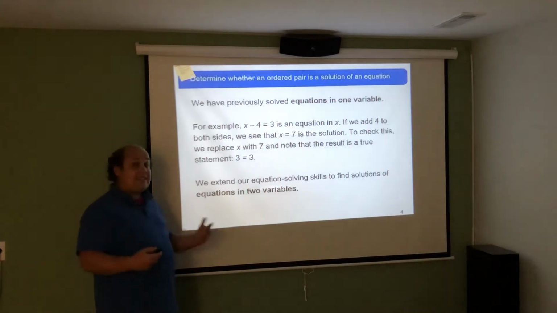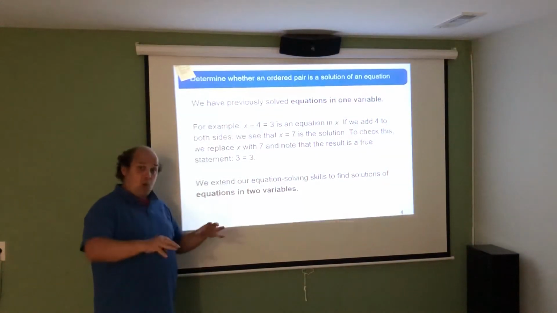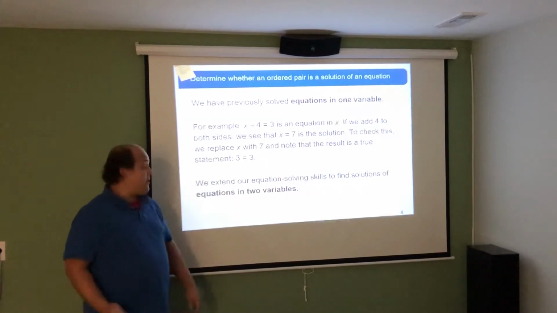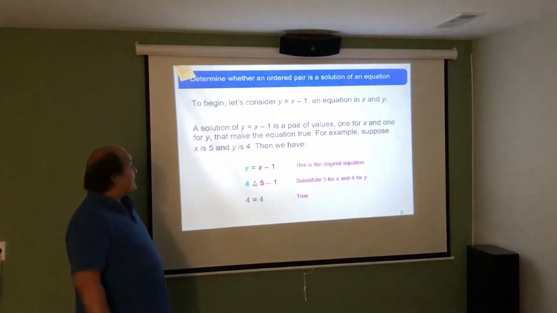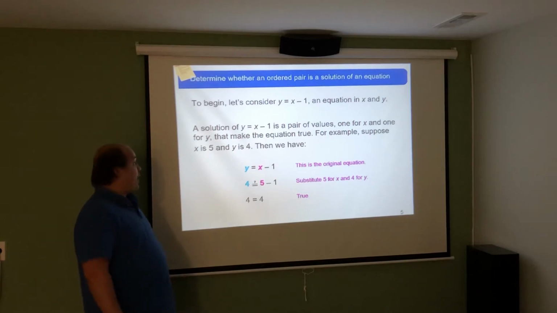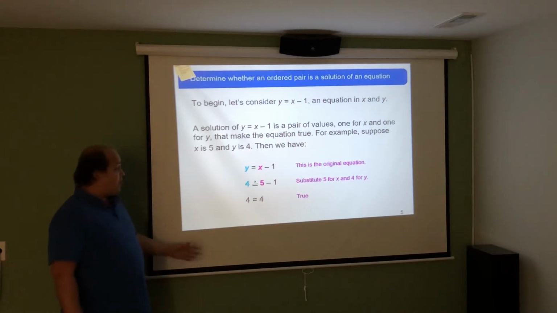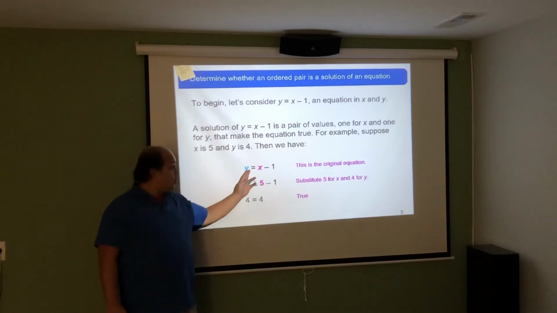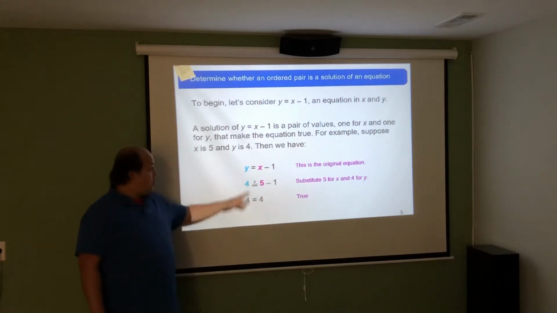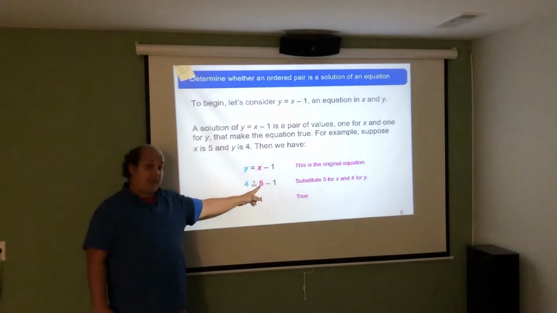So we're going to extend this idea to now having two variables, where if we plug in both numbers, do we get a true statement? So let's consider y equals x minus 1. A solution of y equals x minus 1 is a pair of values, one for x and one for y, that make it true. So here they show us that if we put in 5 for x and 4 for y, we start with y equals x minus 1, we put in 4 where we used to have a y, we put in 5 where we used to have an x.